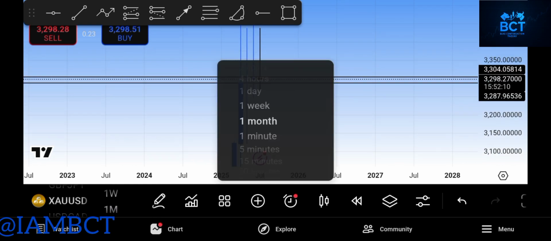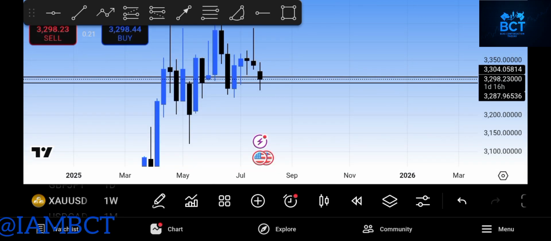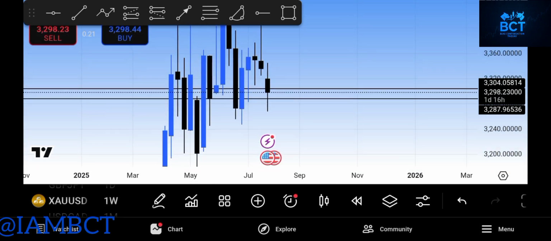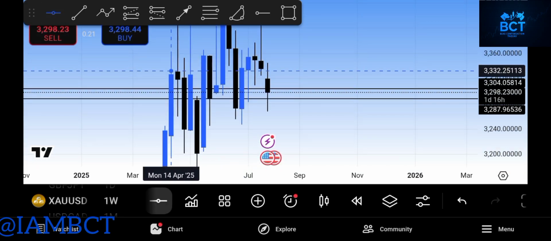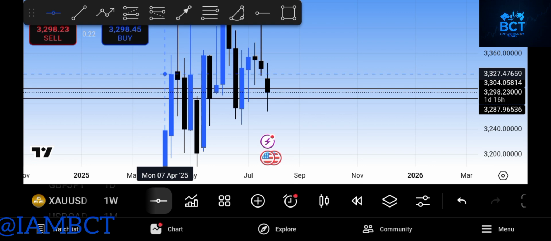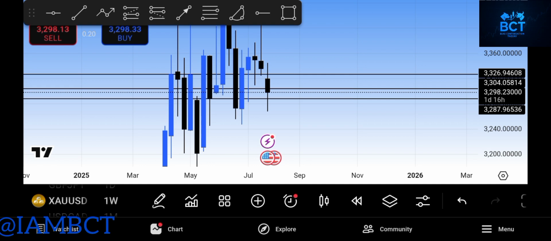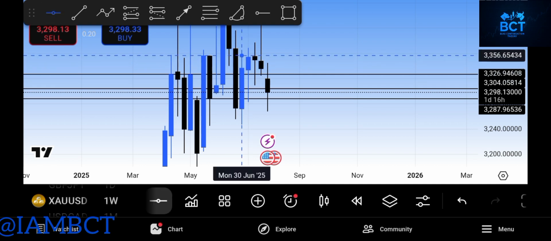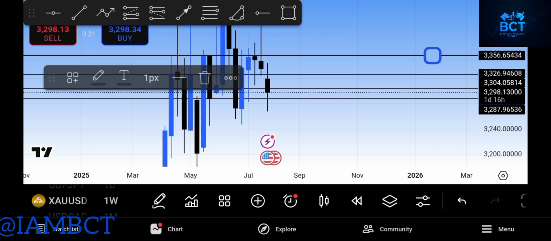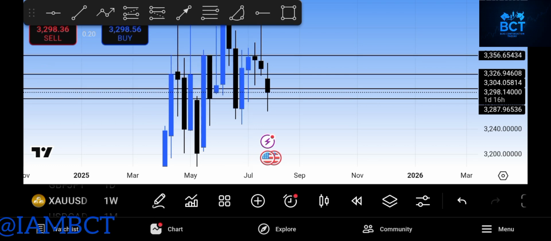So there is not really something to highlight in gold from the monthly. So come down to daily and we expect price to do something right from this zone here and another thing right from this zone here, but price is not really going to get to that zone up here.